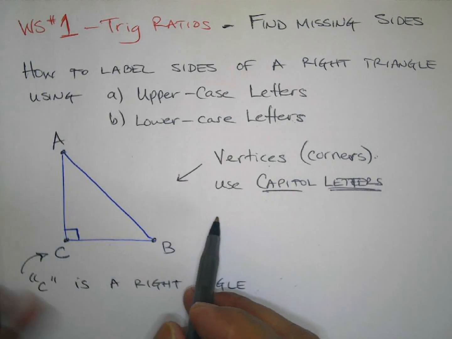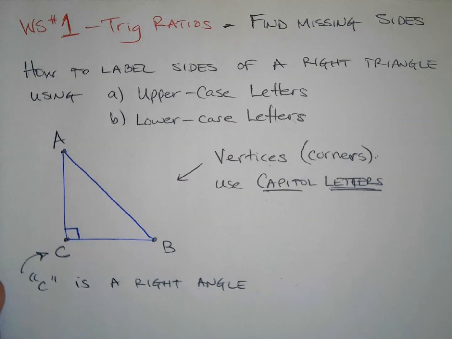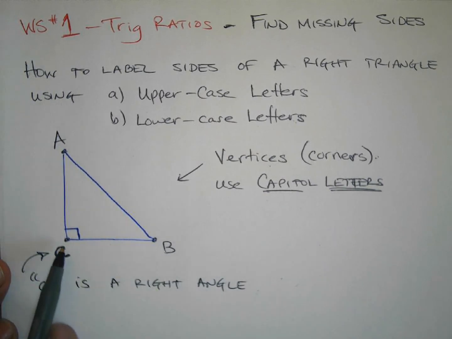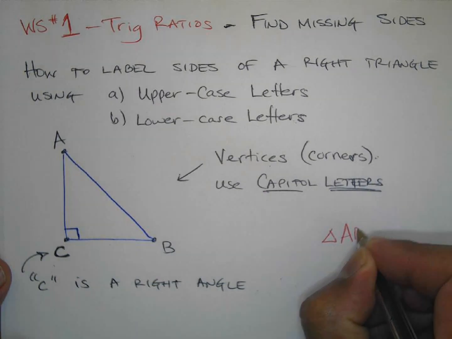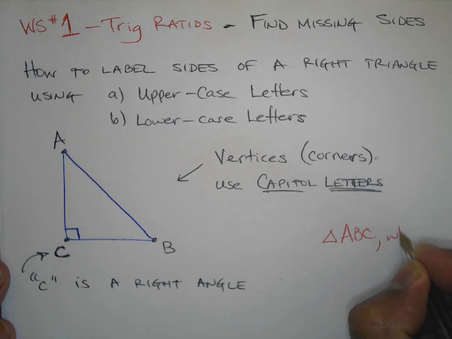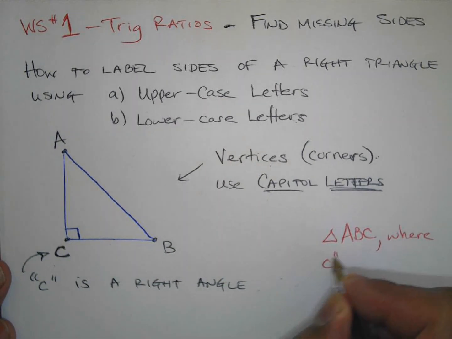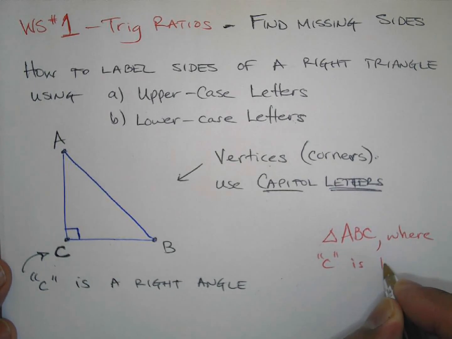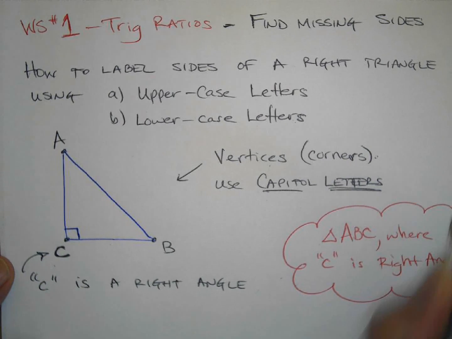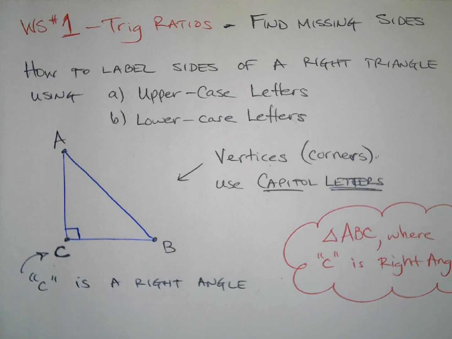Capital letters. It doesn't matter if it's A, B, C, D, E, F, X, Y, Z. But again, for the problems I believe that you're going to see, they'll tell you that C is the right angle. So in this case, you got triangle ABC where C is the right angle. That's what we're looking at here.